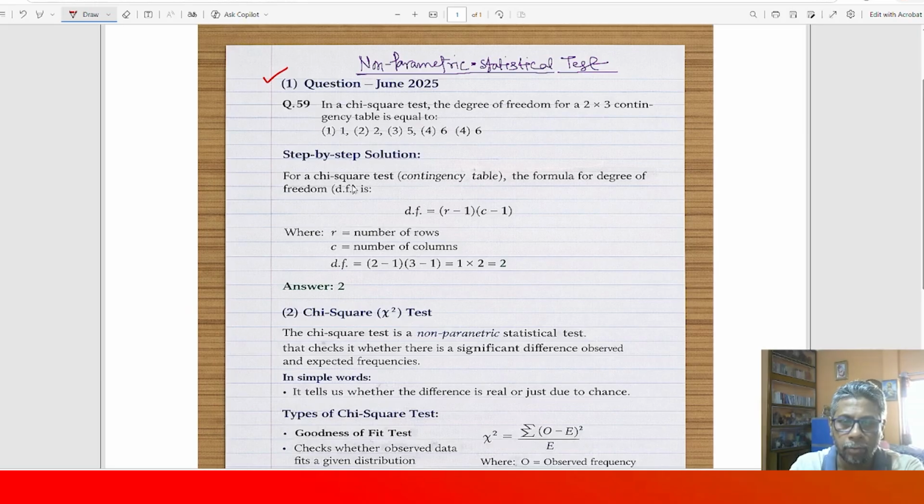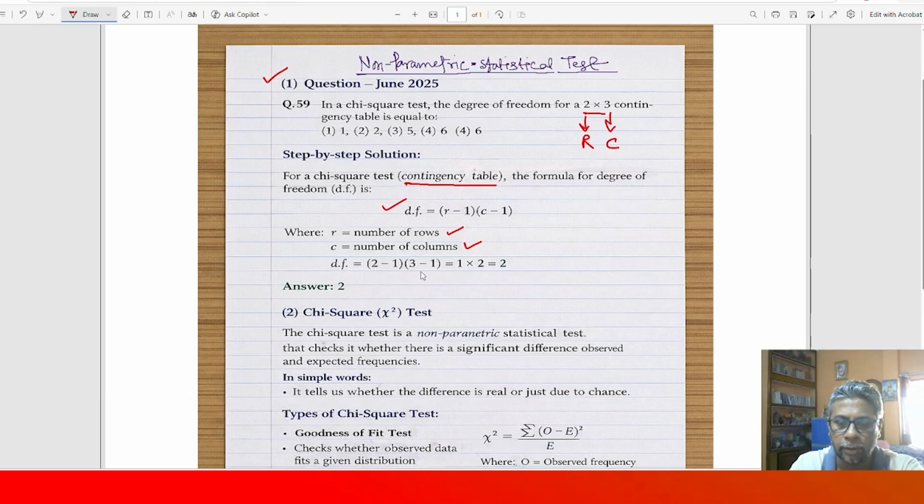Step-by-step solution for the chi-square test, contingency table. For the chi-square test with a contingency table, the formula of degree of freedom is (r minus 1) into (c minus 1), where r means number of rows and c means number of columns. Here it is given as 2 into 3, 2 means rows and 3 means columns.